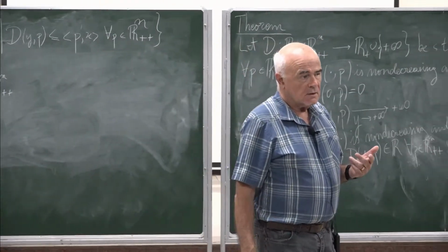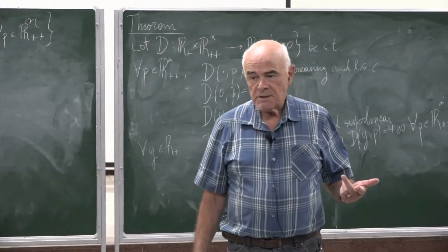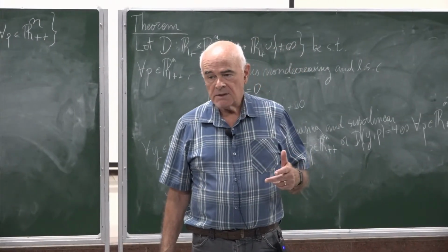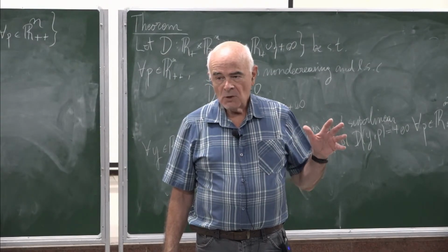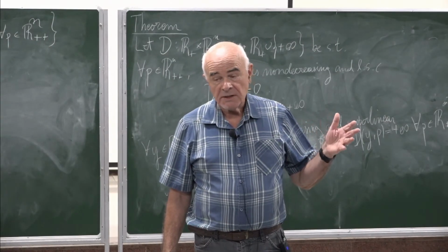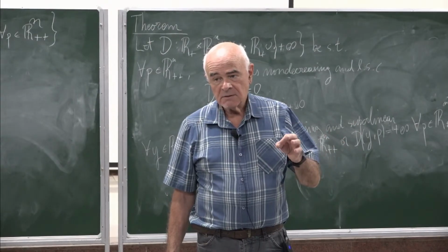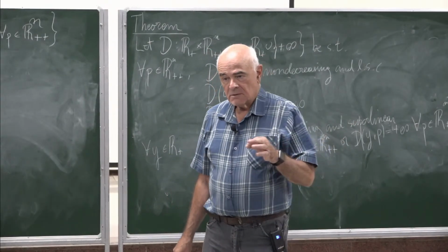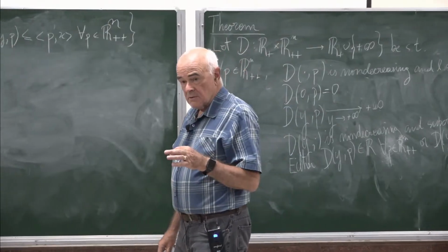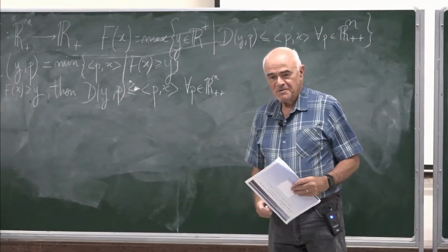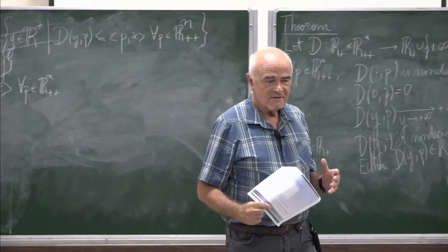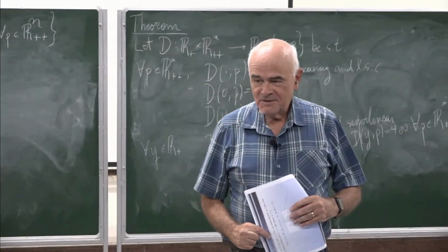But how is the set of those y's satisfying all this? We said that it's a closed interval, actually the interval 0 f of x. Okay? Is this clear or not? No, it is. Then if you don't agree, I will do my best to convince you.